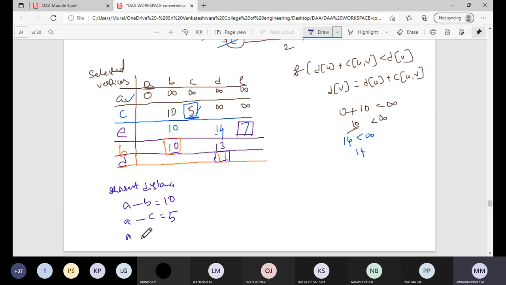A to E, A to D? 11. 7, right. So A to E? 7. A to E is 7, right? I hope all vertices have been finished, right? So these are the shortest paths we are having from the source vertex to all the remaining vertices.